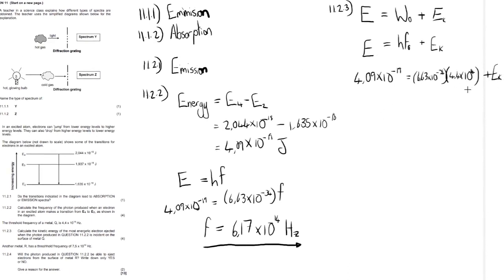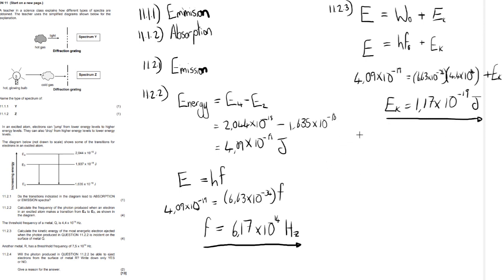And this is really just simplifying and solving for the max kinetic energy. So that would be the energy of the photon, 4,09 times 10 to the power of negative 19, and then we subtract Planck's constant multiplied by the threshold frequency. Okay, and again, just for some time, this would be our answer. And just a reminder of the units of energy, whether it is energy of a photon or kinetic energy, it is always joules. Energy is measured in joules.